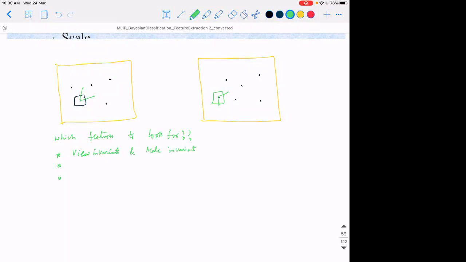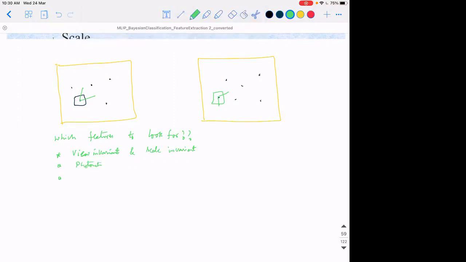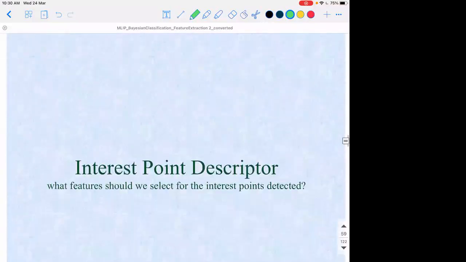And then photometric invariant. What does photometric invariant mean? Can you give an example? What do we mean by photometric invariant? Please tell if you know.